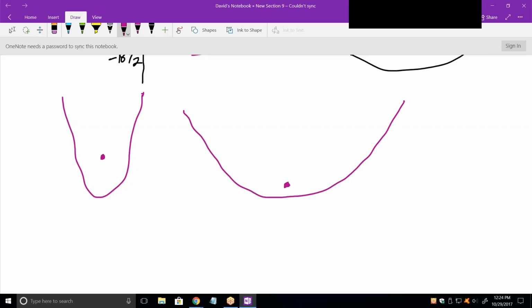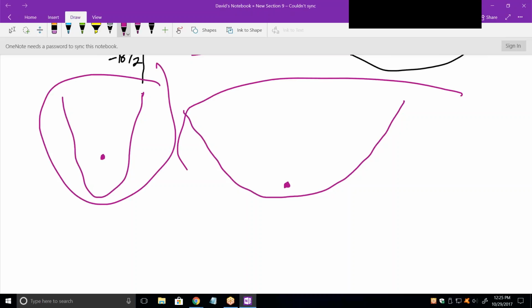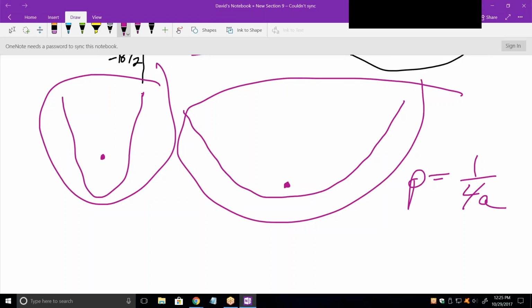It's going to be lower down. And it's because that A is not the same as that A. When you have different A's, you have different P's, because remember, P is 1 over 4A.